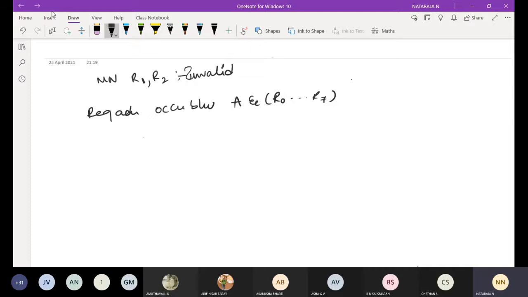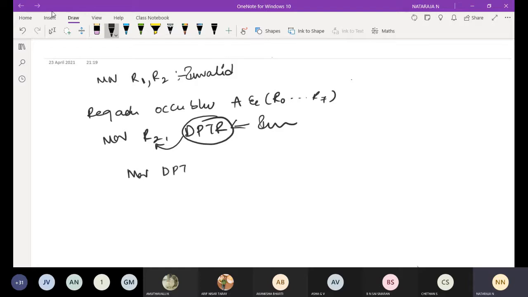Next, MOV R2, DPTR. This is also invalid. Why? Because this is 16-bit data. We cannot store it in R2. Next, MOV DPTR, A. The accumulator requires only 8 bits.